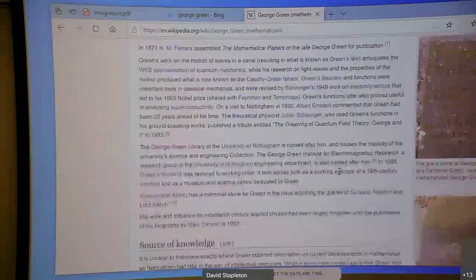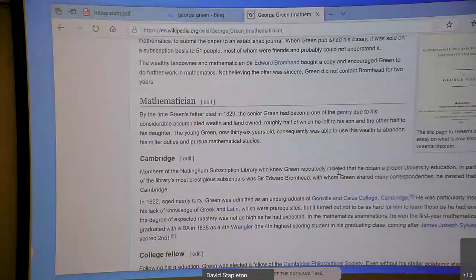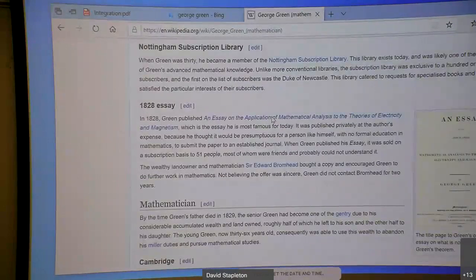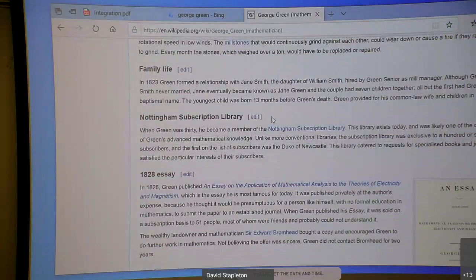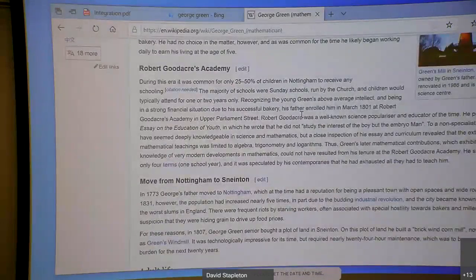There's his tombstone. Anyway, you can read about him in here. Someone found it after he died. It was published. It says in your book, I think, more about that. He became famous after he died, basically. He initially published his article, but it wasn't well read.